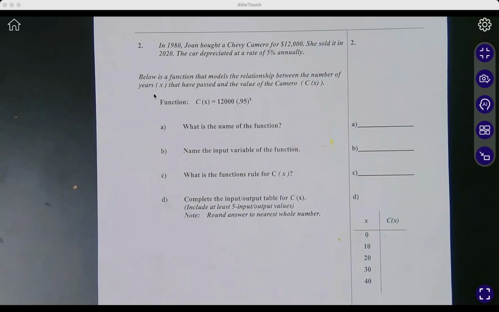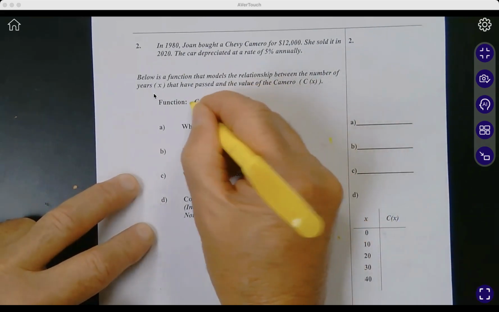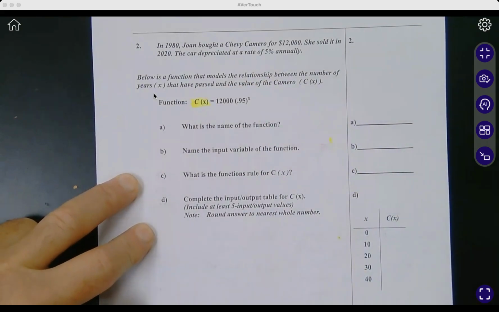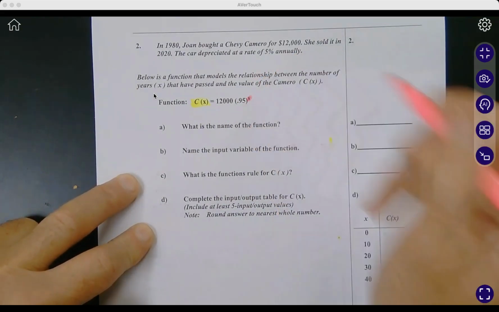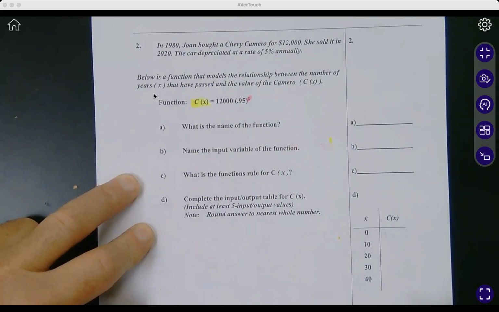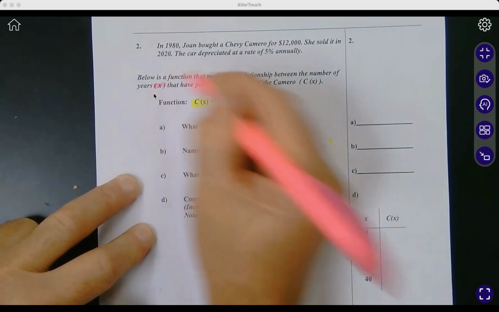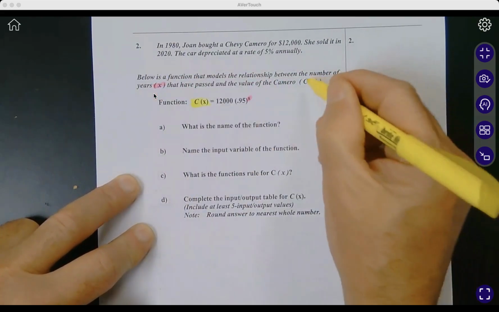So again, we really got to be good at this. C of X is the value of the Camaro, and X right here is the number of years that Joan has owned the Camaro. All right, so number of years that we've owned it and value.